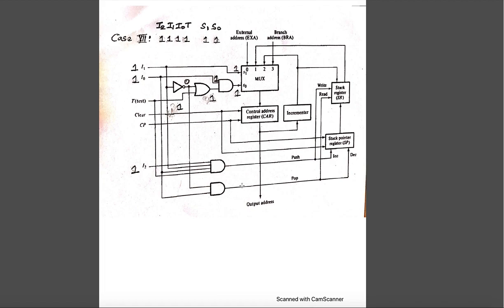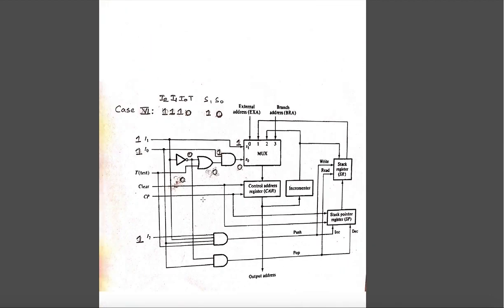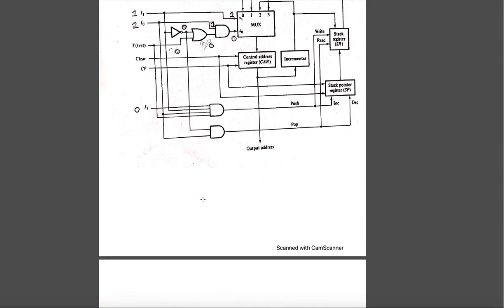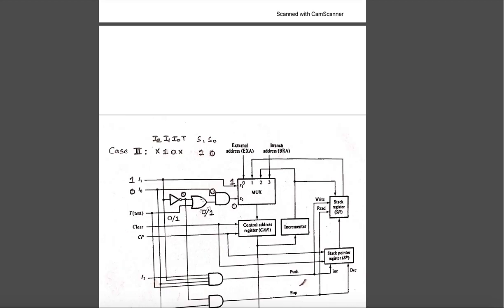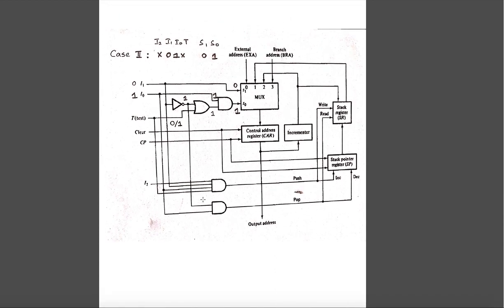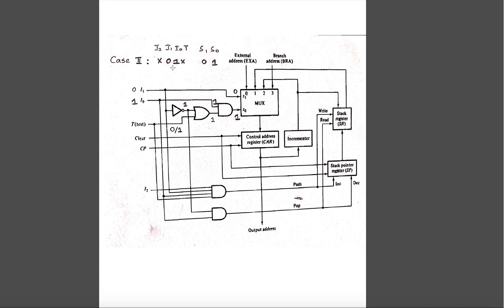Whenever pop is enabled, let's look at the 0 1 case, that is case 2, a transfer from the register stack.